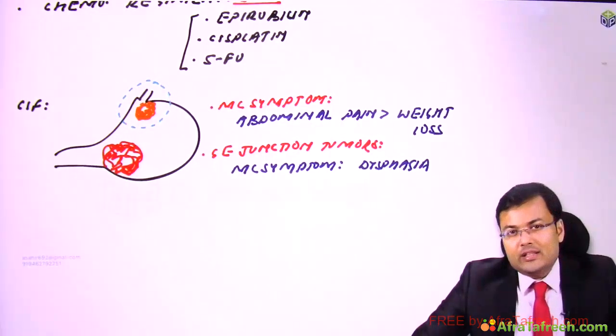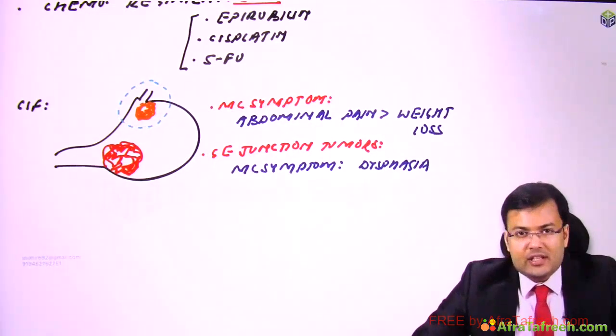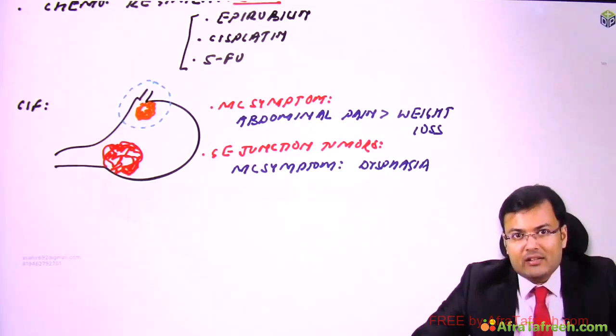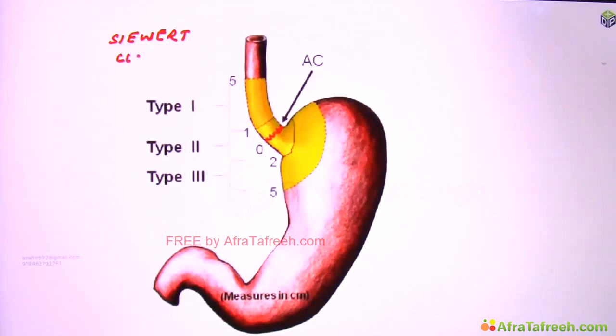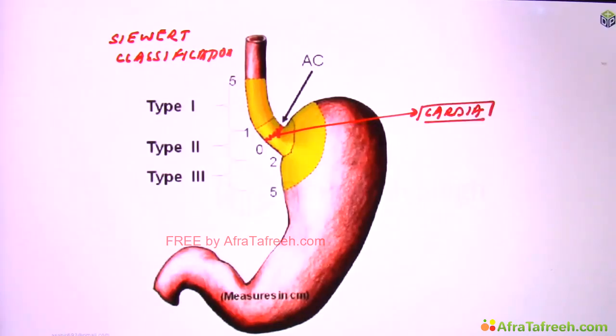That's why there is a specialized classification system for GE junction tumors, and that's known as Sievert classification. Have a look. You can see this is the cardia, and this is obviously for adenocarcinoma.